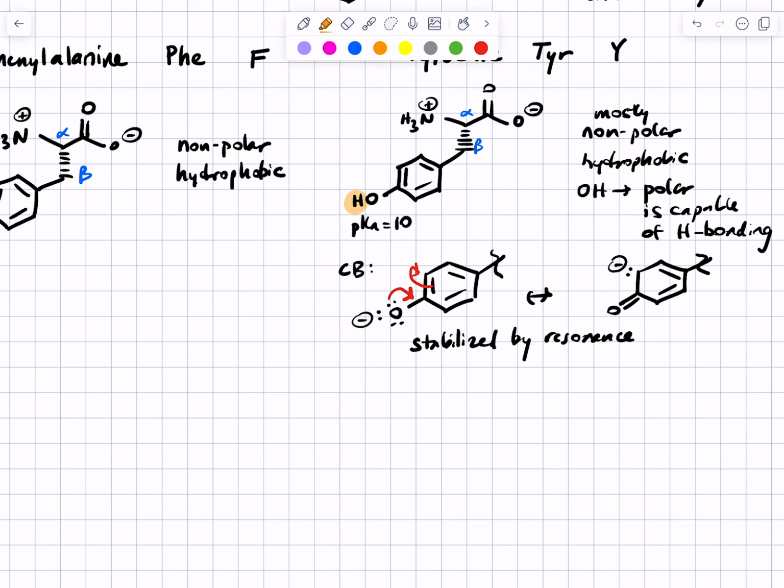But if you followed the pattern, you would discover that not only the atoms that I've shown can share the negative charge, but also the other ones that I just highlighted. Okay, so tyrosine is different than phenylalanine. It has a side chain that can be deprotonated.